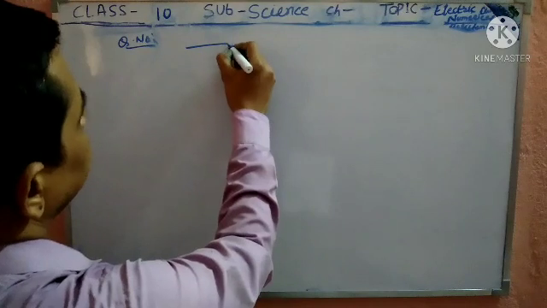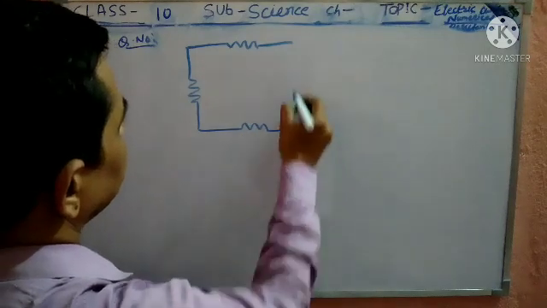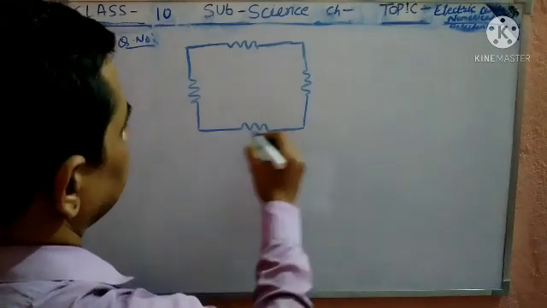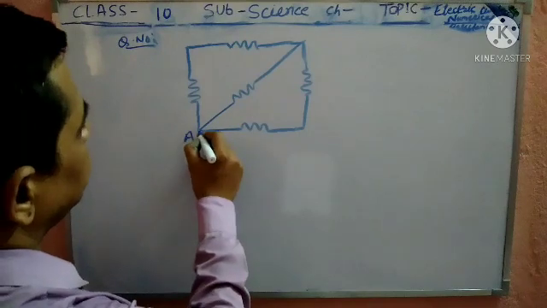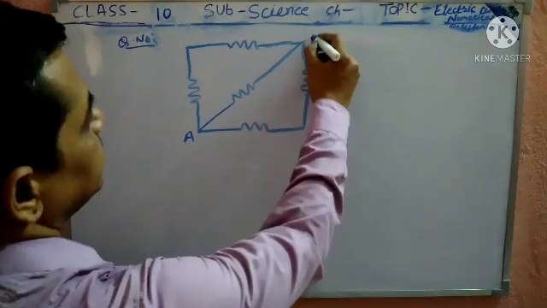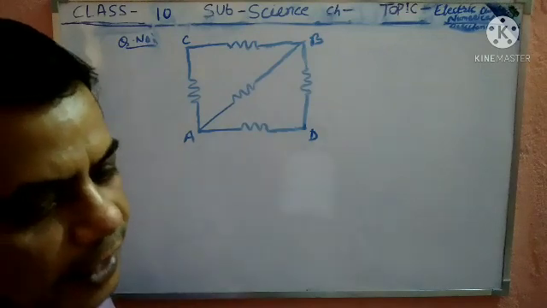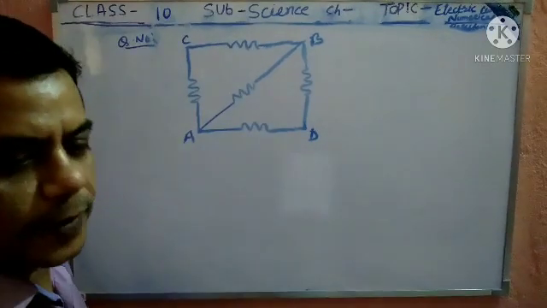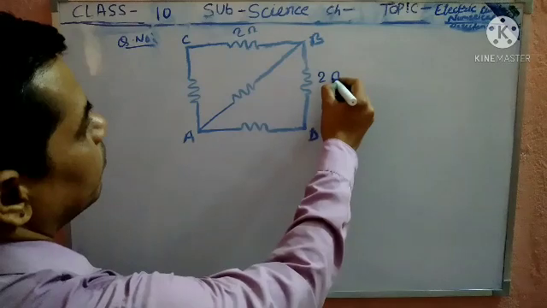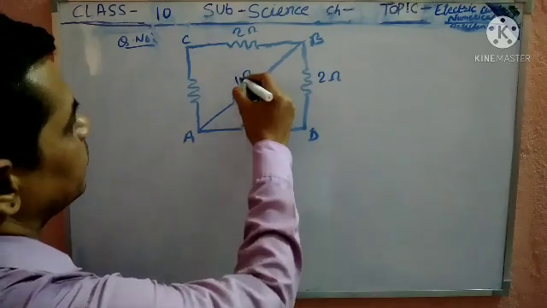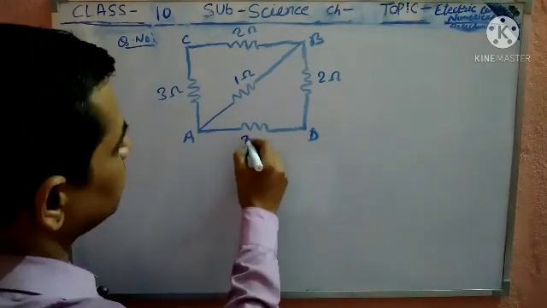A circuit of this type is given, with nodes A, B, C and D, and the given resistances are 2 ohm, 2 ohm, 2 ohm, 1 ohm, 3 ohm and 3 ohm.